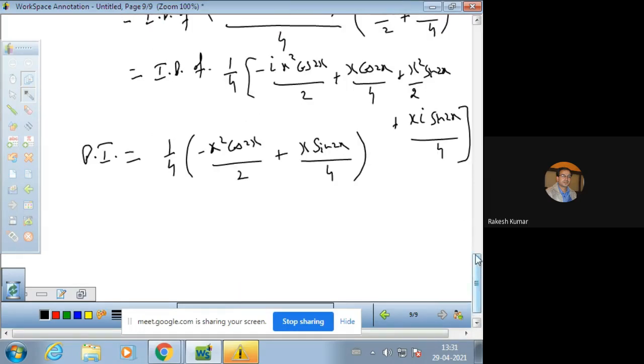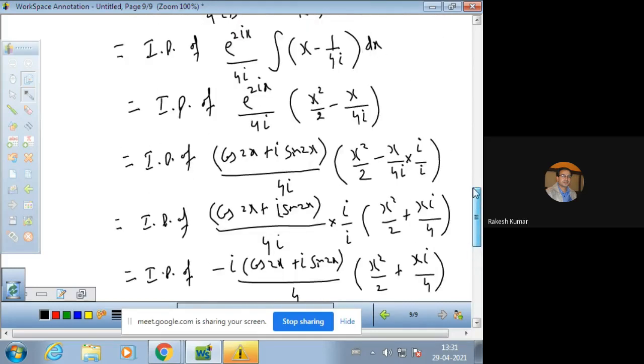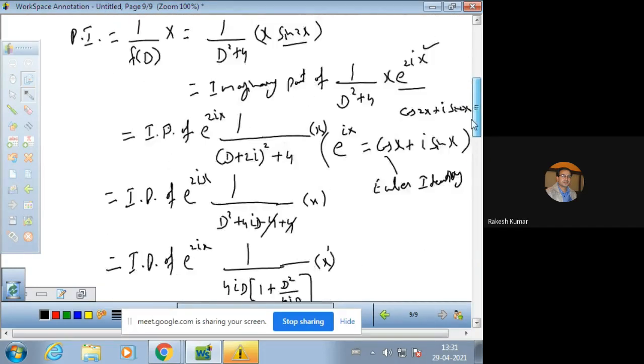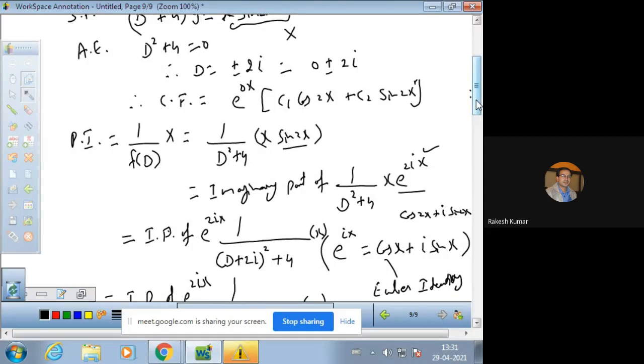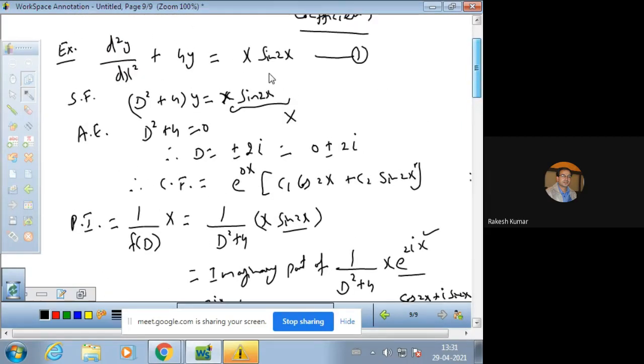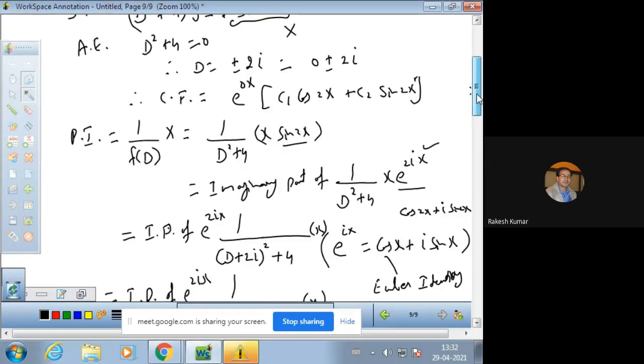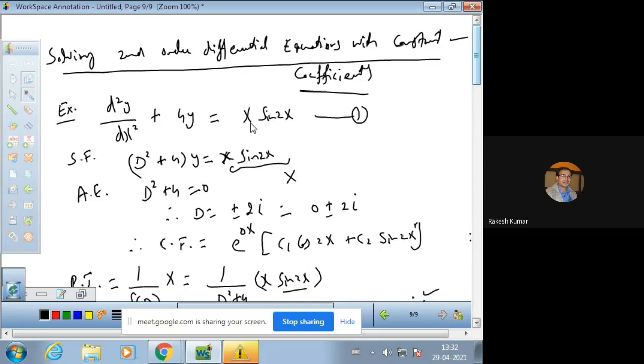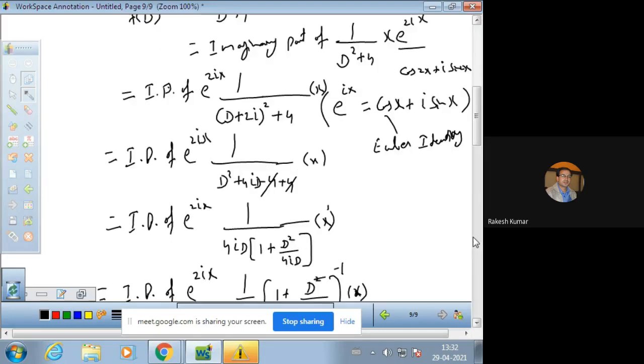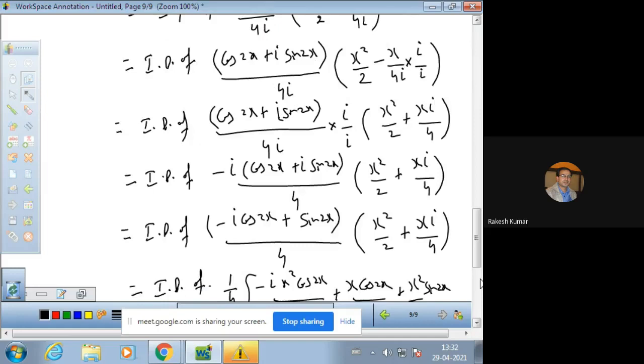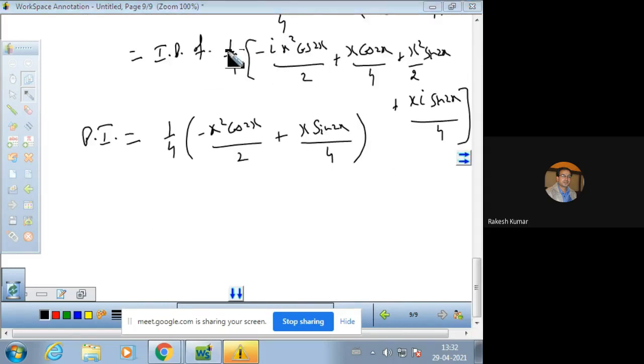At the start of the question, on the right hand side, sin 2x was given, here we have x sin 2x, and the imaginary part of the exponential function is sine, so that is why we have written imaginary part. And if the question comes for x cos 2x, suppose in place of x sin 2x we have x cos 2x, then the same solution we have to do, and in that case we have to write the real part.